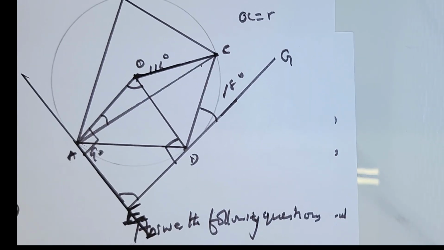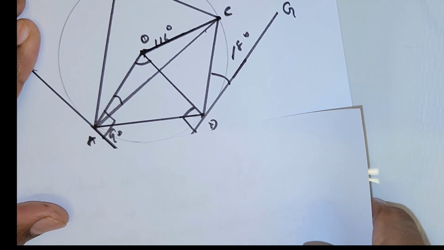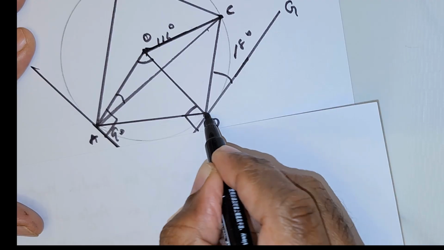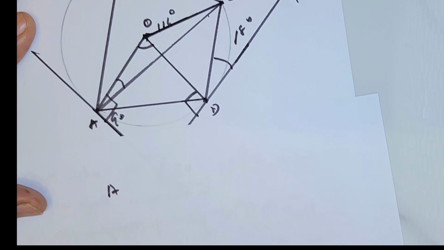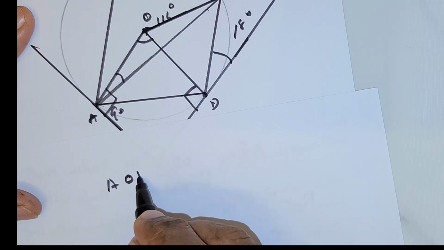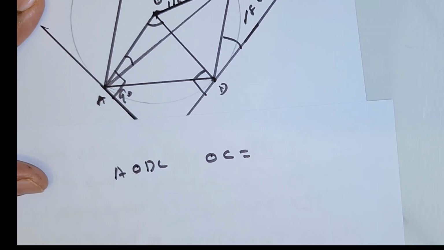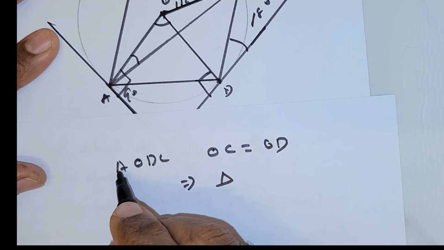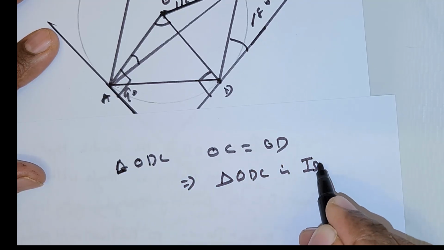And clearly if we were to consider triangle ODC, OC is equal to OD. This means triangle ODC is isosceles.